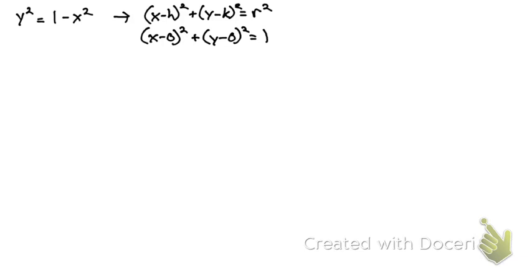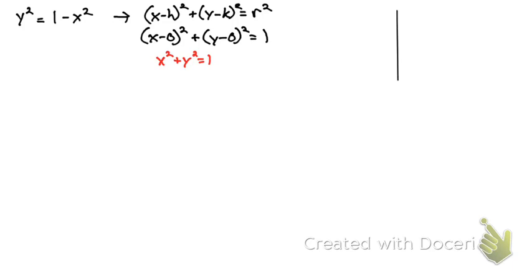Now, I just moved the x to the other side. So I added x squared to the other side, and I kind of put it in this formula. Note that what I'm really looking at is really just x squared plus y squared equals 1 when I move the x over there. But according to my circle formula, that means that it's a circle that has a center at 0 and a radius of 1.